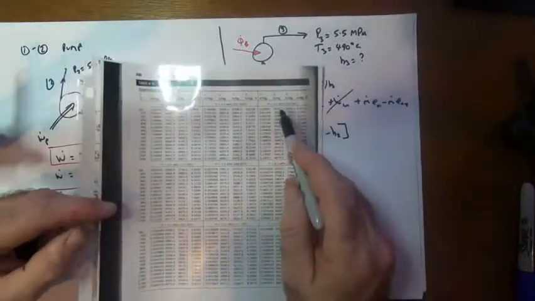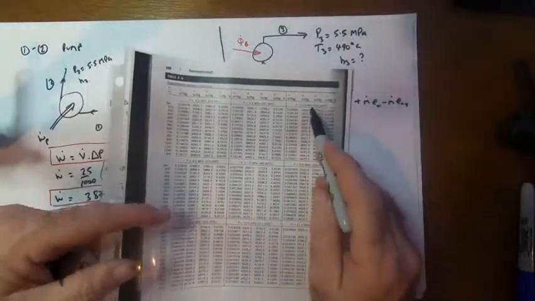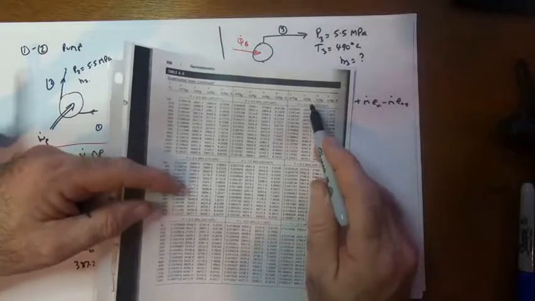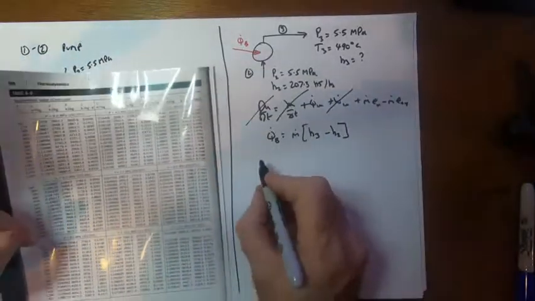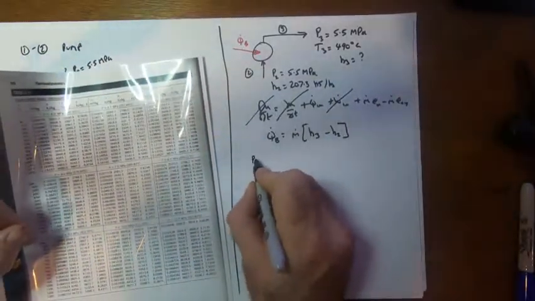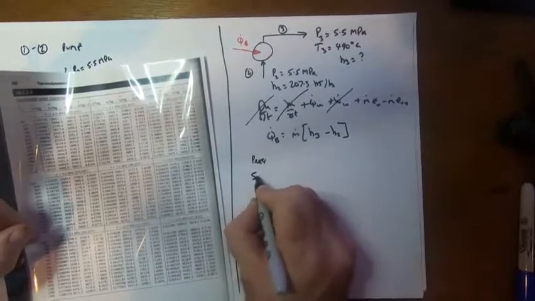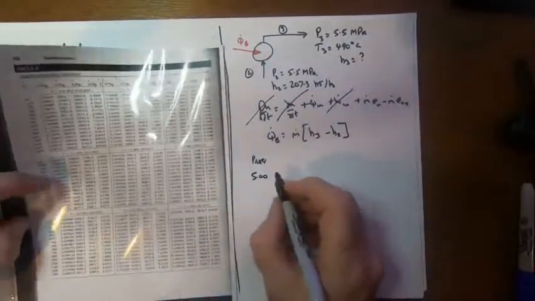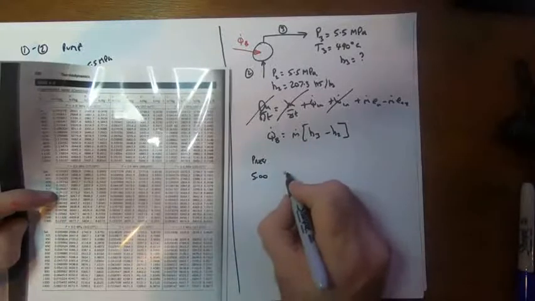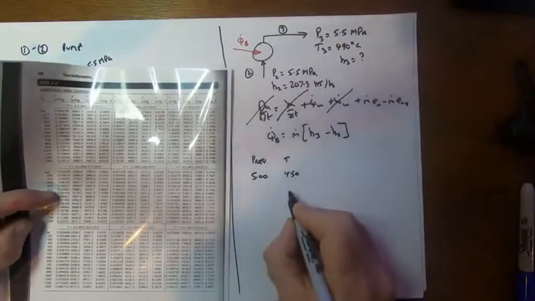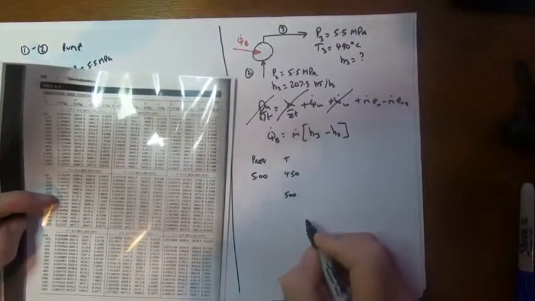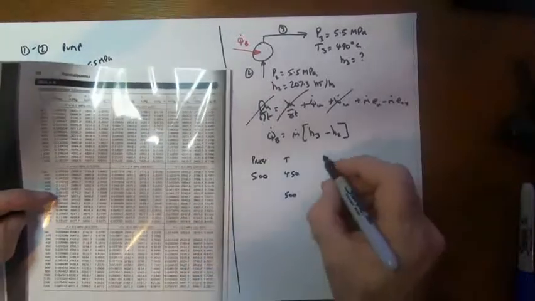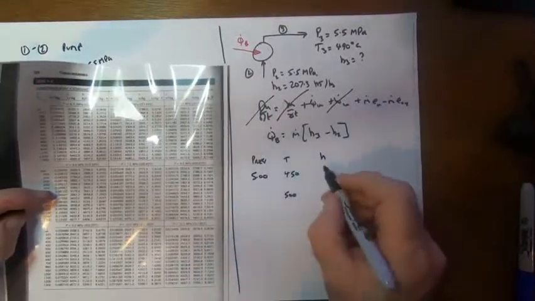So we'll start with the 5 megapascals and we'll write the data that we can get from that around our point. So at 5 megapascals, we will have data at 450 degrees C and data at 500 degrees C. And so we are going to have an enthalpy, and we look in our table, we can read that number.